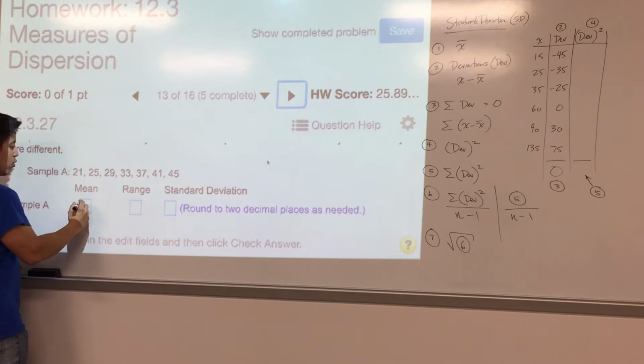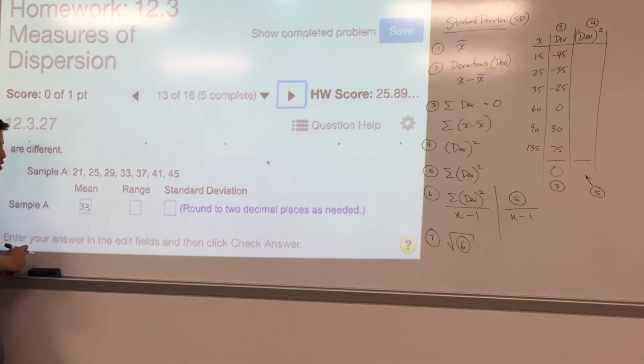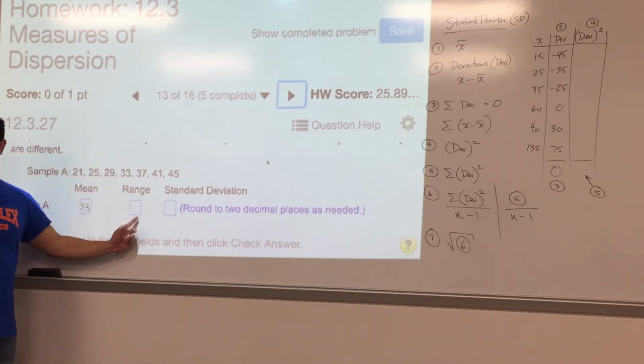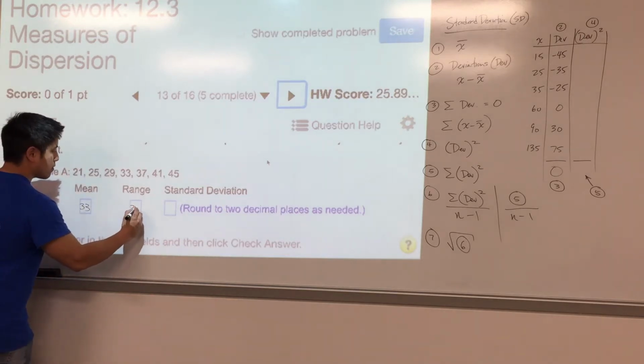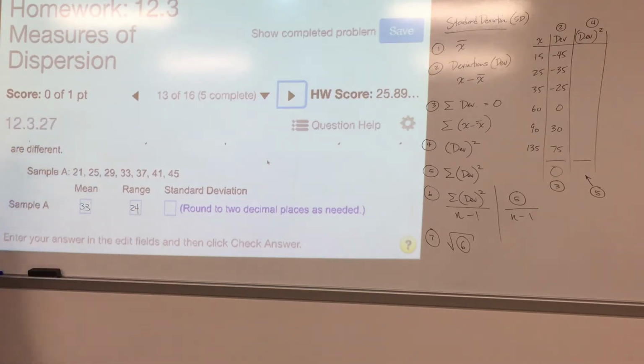So right now, we're going to say the mean is 33. Just real quick, why don't we answer the question on range? Somebody tell us the range. Should be easy. What is it? 24. 24, good.